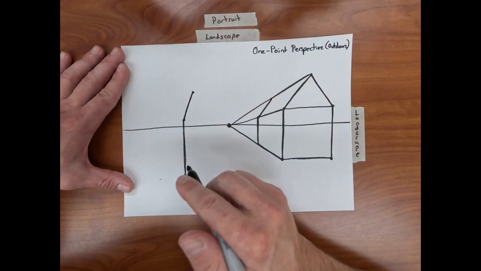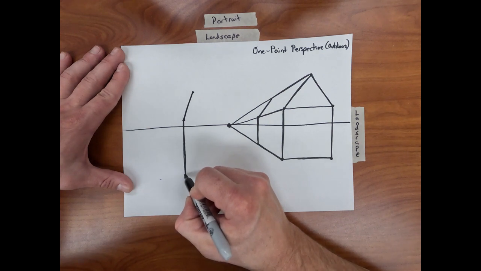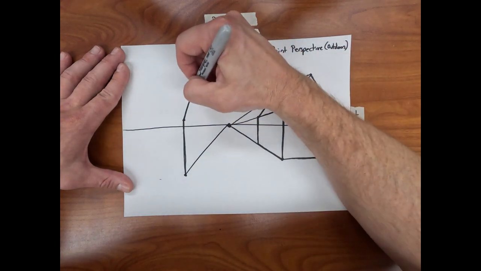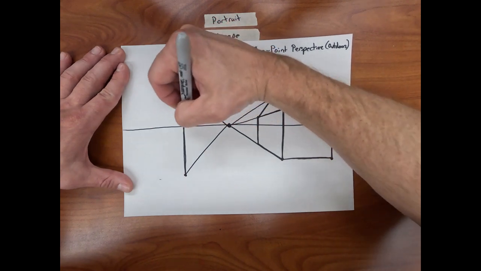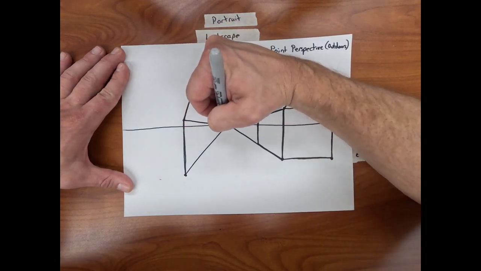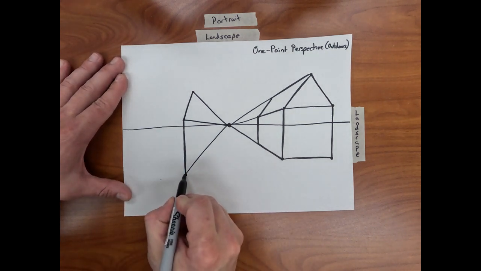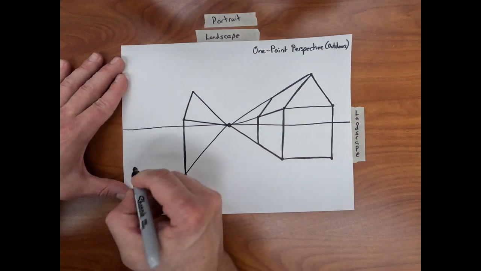Now I have my vanishing points. So I'm going to connect this line to my vanishing point, this line to my vanishing point, and this line to my vanishing point. To help you understand where this is the side of the house.